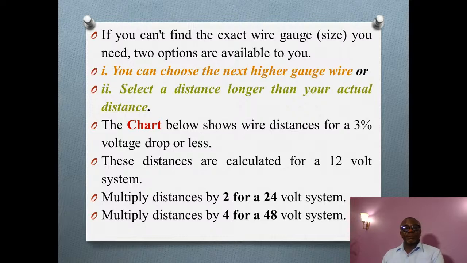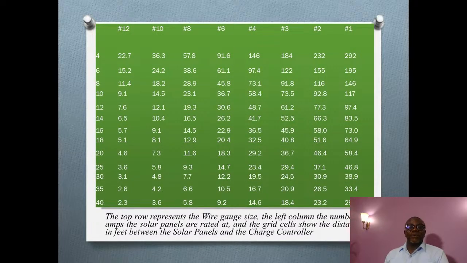Now, if you are using a 24-volt system, we just multiply what we are going to see by 2. If you are using a 48-volt system, you multiply by 4. For instance, let's look at the table. This is an already prepared chart, a standard, acceptable one.